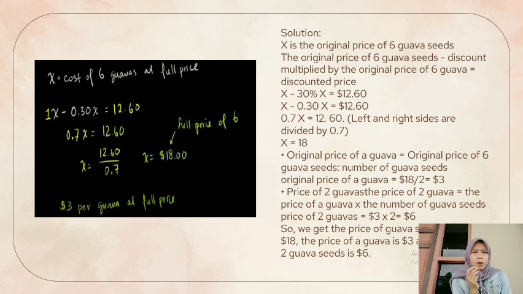Price of 2 guavas equals $3 times 2 equals $6. So we get the price of 6 guavas, which is $18. The price of a guava is $3 and the price of 2 guavas is $6.